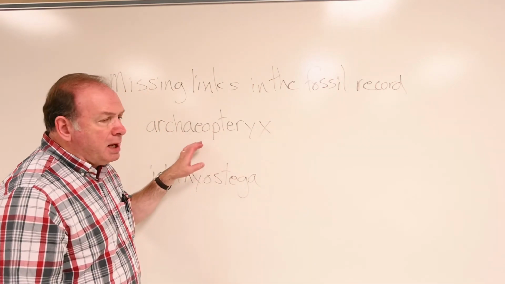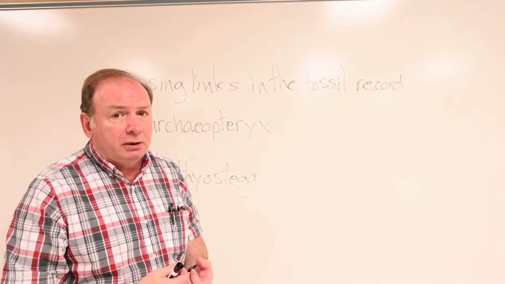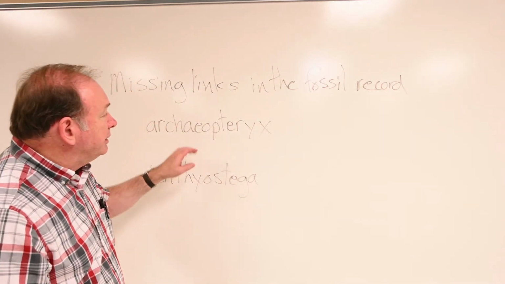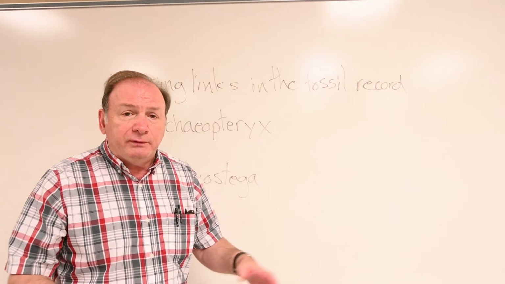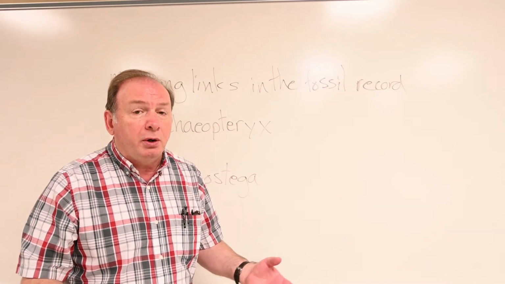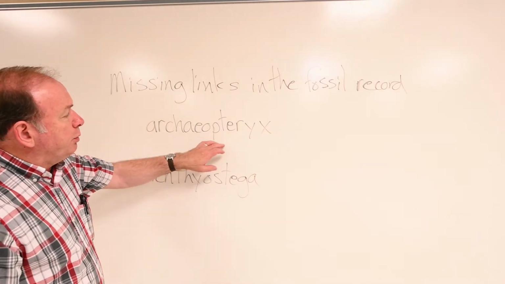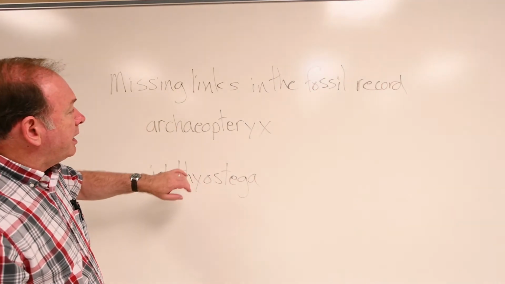It had many skeletal features that are similar to reptiles, a more reptilian kind of skeleton, but it had feathers. It was considered a bird that could fly, so it's usually considered the ancient bird, the ancient winged organism, Archaeopteryx.